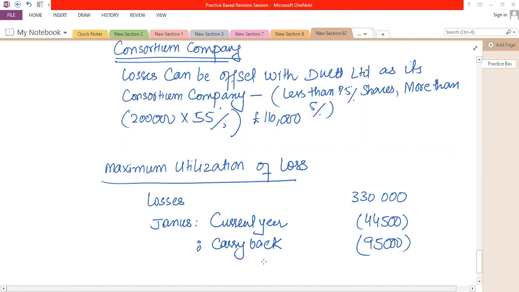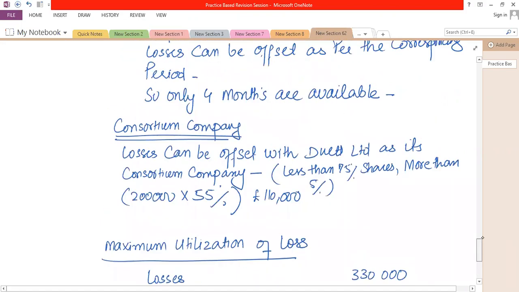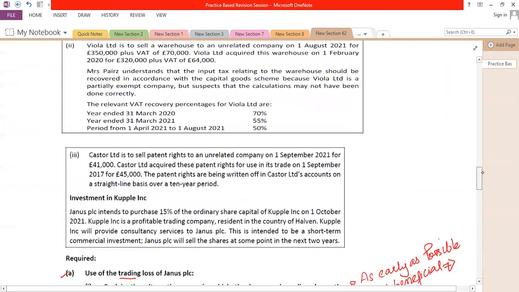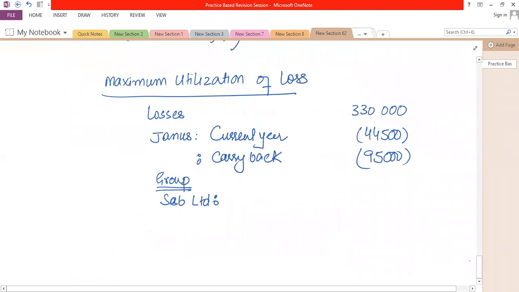These are the first two options. Okay, then we can offset in the group, and the first group company is, remember the corresponding period, SAB Limited, which is having a profit of 37,000, right? And this is basically a 12-month period. So we have to use only December, Jan, Feb, and March. That is a 4-month corresponding period.